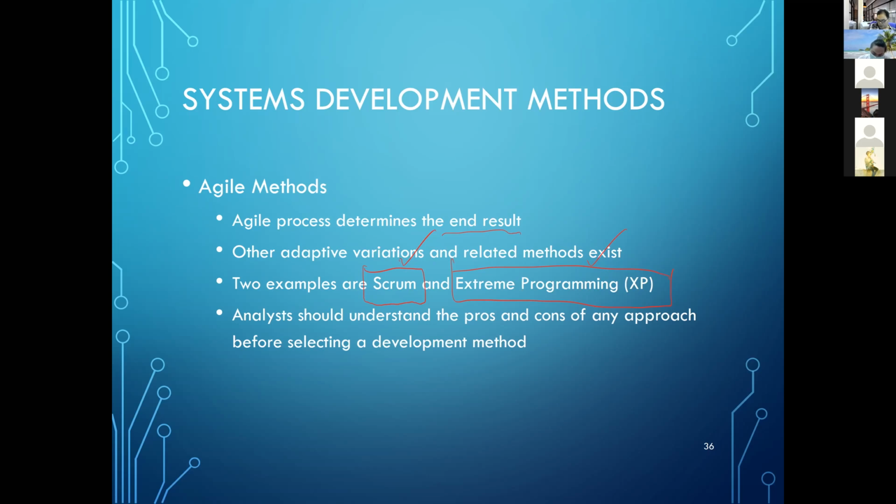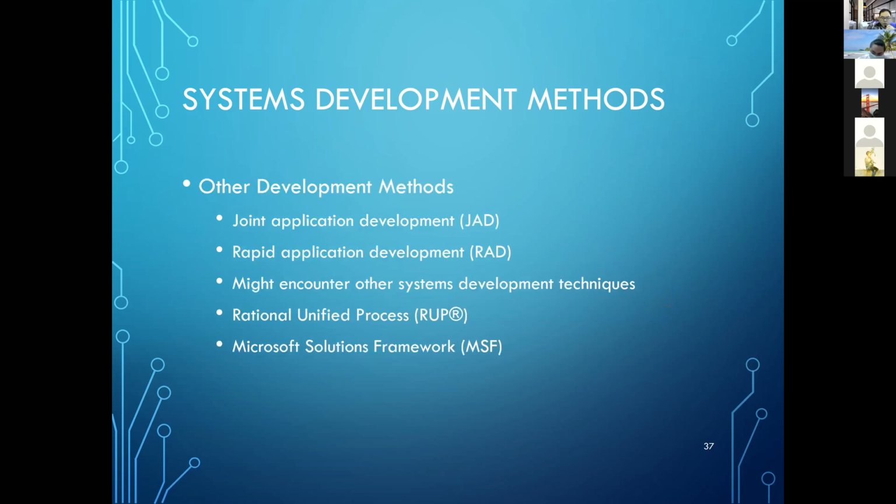The next one: apart from SDLC or structured analysis and development methods, apart from object-oriented, apart from Agile, there are other development methods as well, that are joint application development and rapid application development, JAD or RAD.